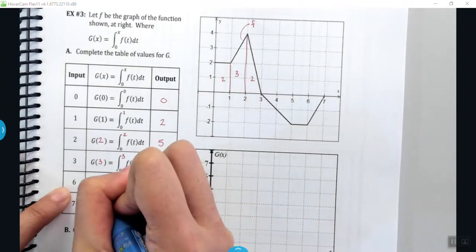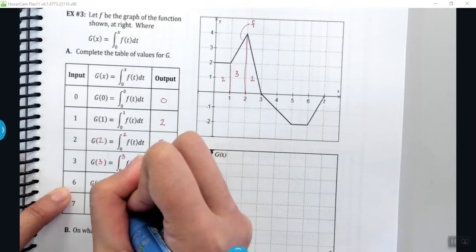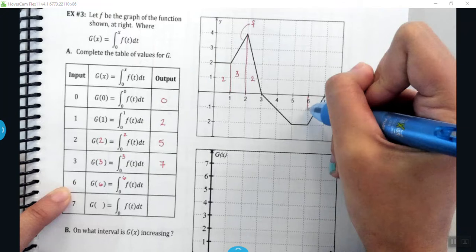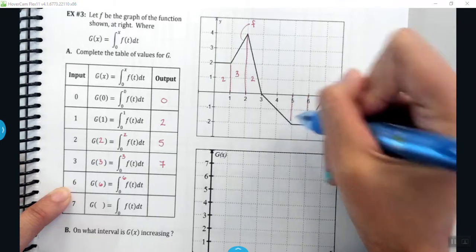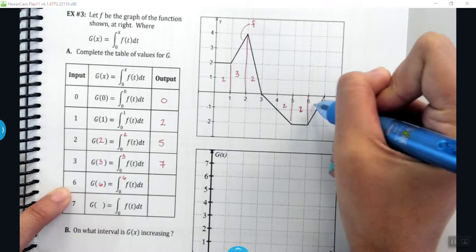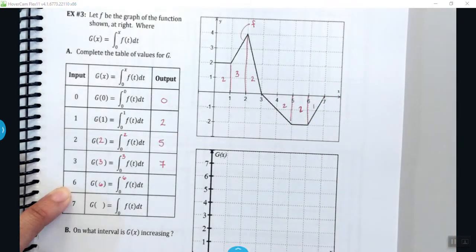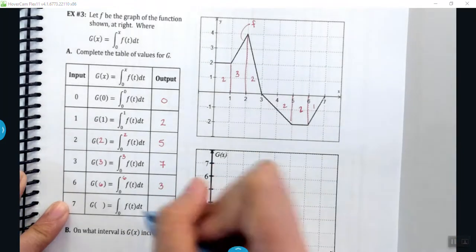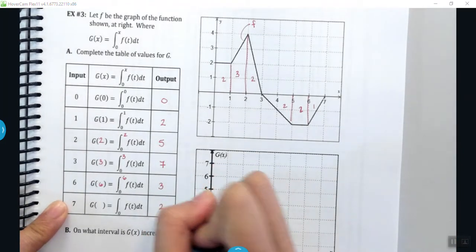And then g of 6 would be the integral from 0 to 6 would be, this is 2, and this is 1. We're back to 3, yep. And then g of 7 would be 2, right?